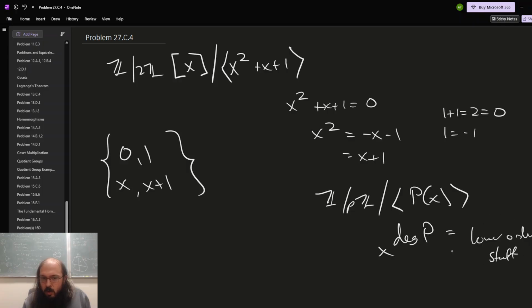And how many lower order thingies are there? Well, for every lower order that's possible, there'll be p of them, right? Because you have p possible coefficients coming from Z mod pZ.